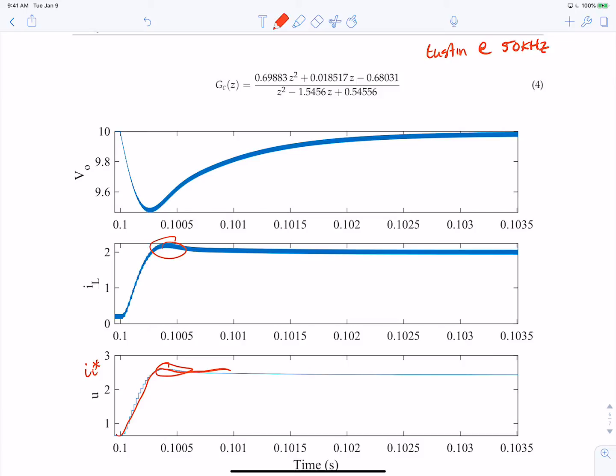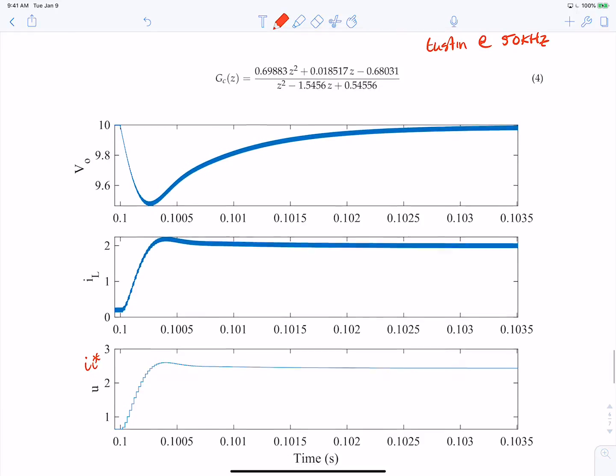You can see that both in IL and IL star, but it settles down pretty well to what the load current should be in steady state, and you can see that the output voltage recovers pretty nicely in a first order response. Of course, we can make this faster in time if we want to by just increasing the bandwidth, but it just depends on your application, how much voltage dip you can sustain, and the application generally drives this. But yeah, this is a pretty good response for Tustin at 50 kilohertz.